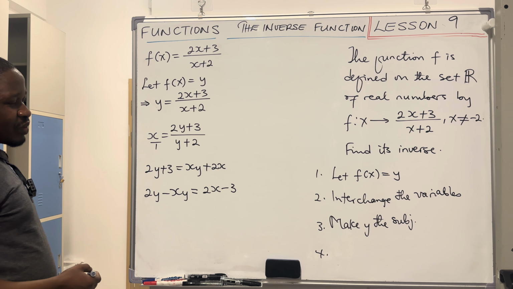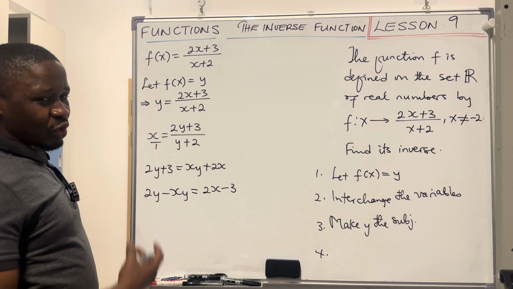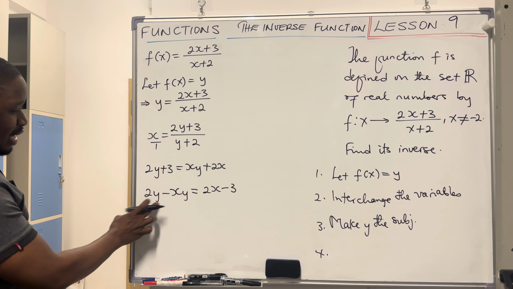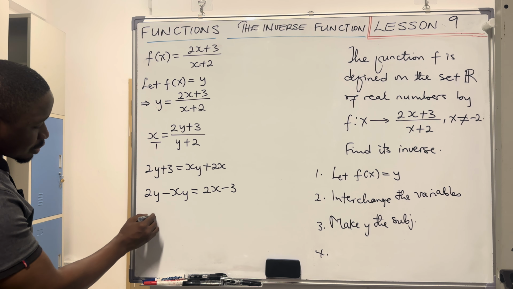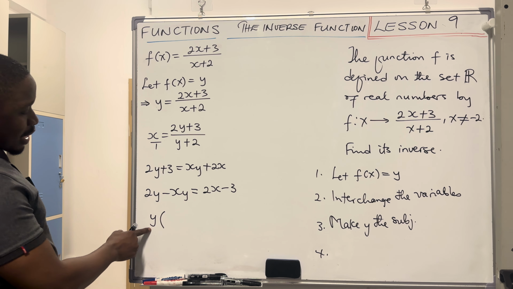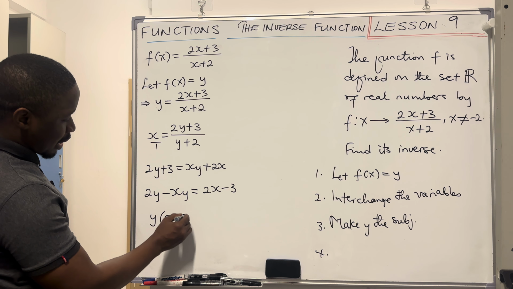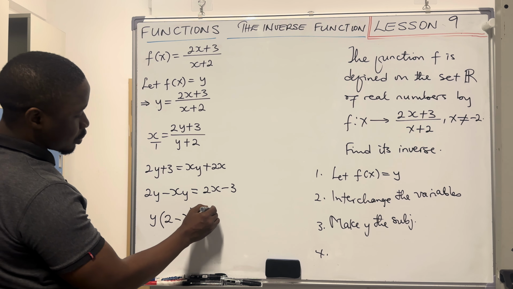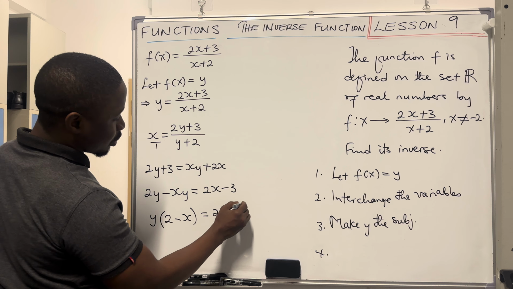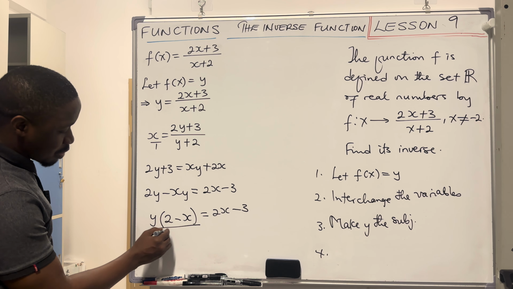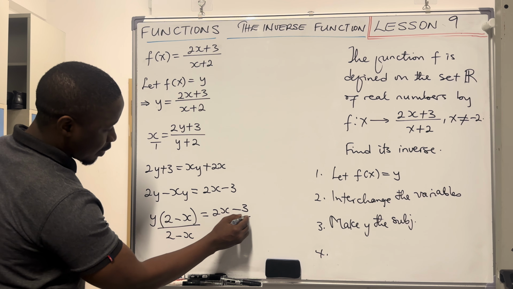We want y to stand alone. So y is here and here, and we factor it out. Y takes away this leaving 2, and y takes away this leaving x. So here is 2x minus 3. We want y to stand alone, so we divide both sides by 2 minus x.